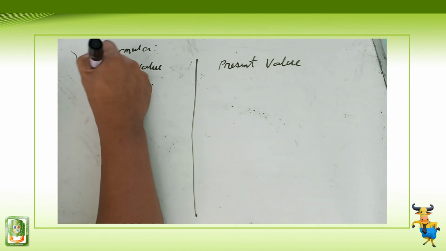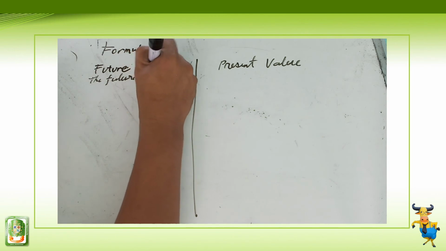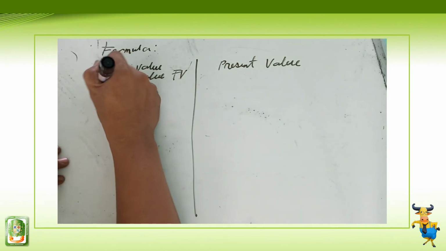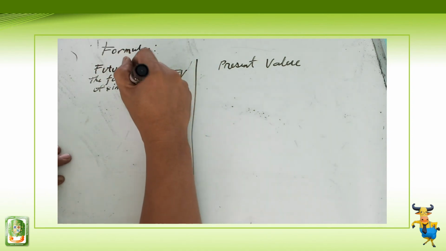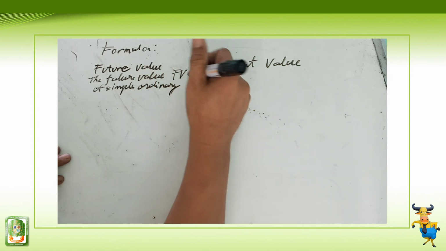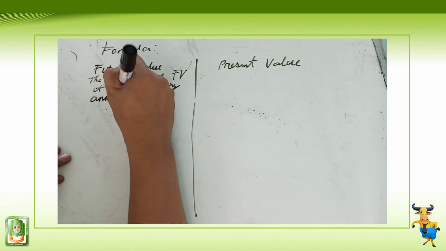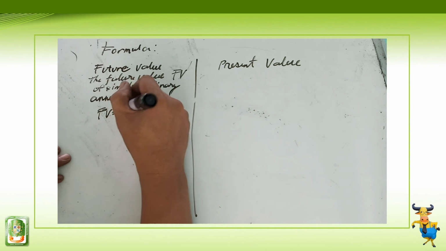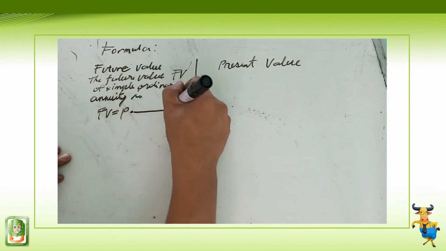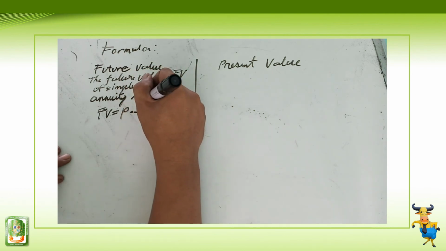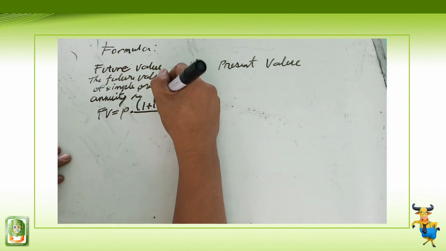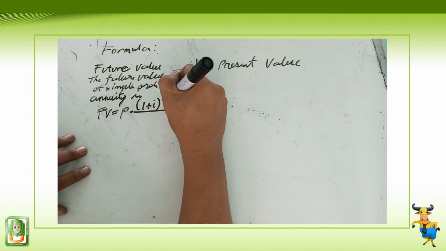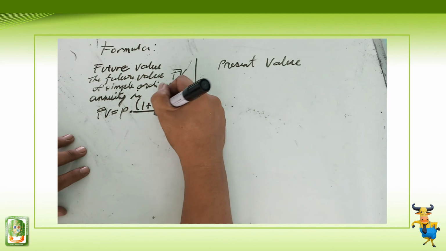The future value of simple ordinary annuity, tinatawag na simple FV, is FV is equal to the periodic payment P times 1 plus the interest rate raised to the total number of conversion periods minus 1 over the interest.